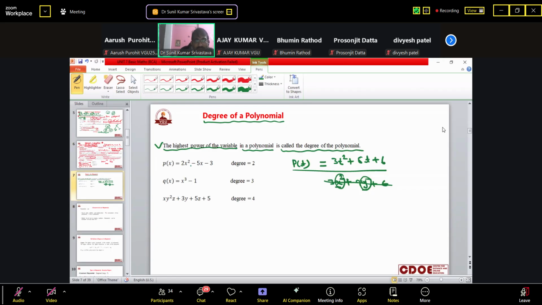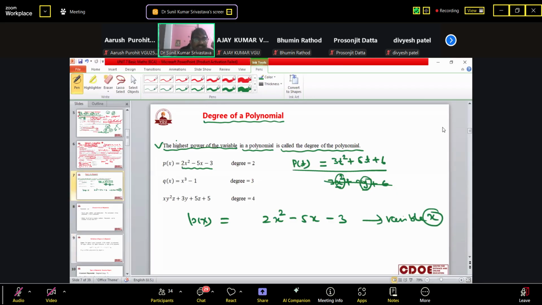We have written a polynomial 2x square plus x minus 3. This is a polynomial expression in the variable x.